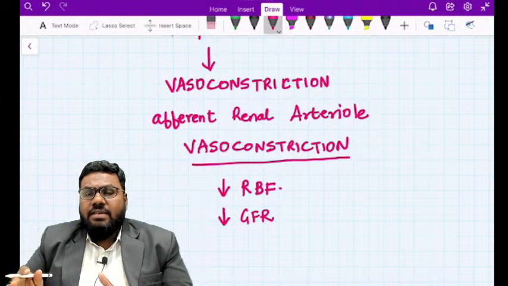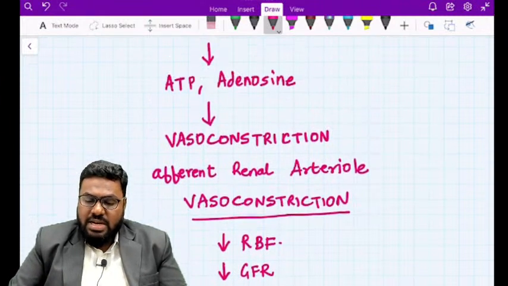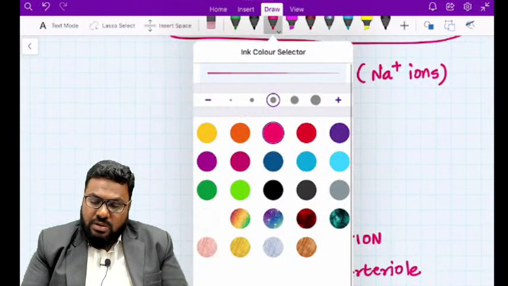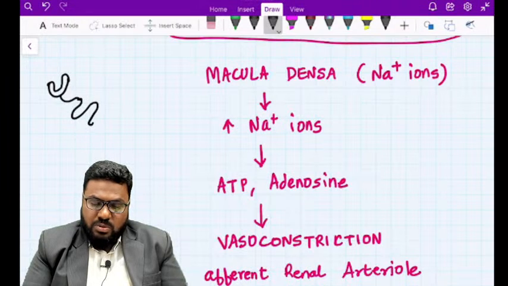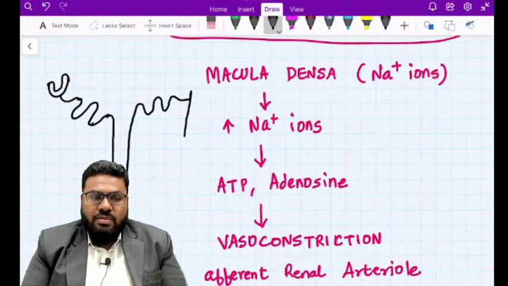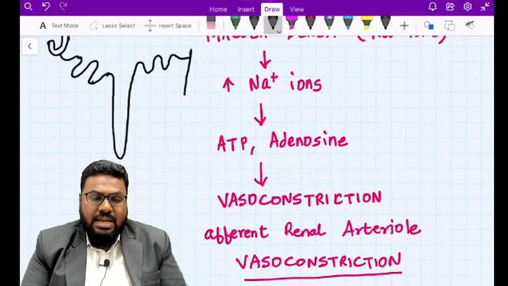So whenever there is increased delivery of sodium to the macula densa, what is macula densa? Suppose this is the Bowman's cup, and this is the proximal convoluted tubule, and here we have the loop of Henle, and then the distal convoluted tubule and the collecting duct. The loop of Henle is divided into thin limb and thick limb.